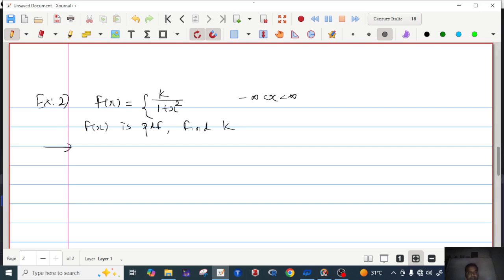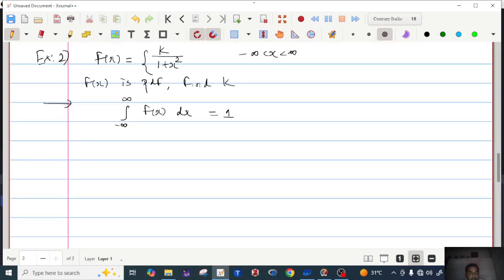Since this is a PDF, we will use the second condition, that the integration from minus infinity to infinity of f(x) dx is equal to 1. Just put the values: the integral from minus infinity to infinity of k upon 1 plus x square dx equals 1.